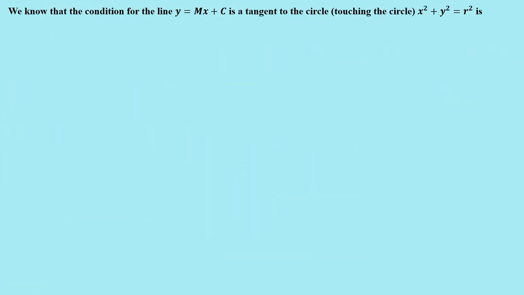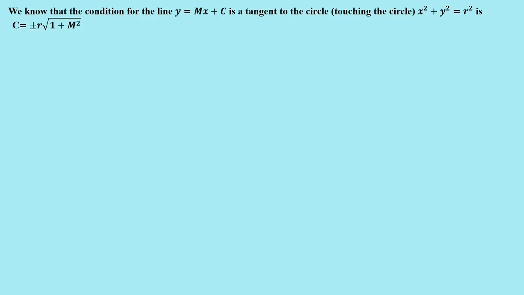We know that the condition for the line y is equal to mx plus c to touch the circle x square plus y square equal to r square is c is equal to plus or minus r into root of 1 plus m square. To avoid confusion, I am taking capital letters here. In the previous step they asked not for the equation of the chord AB, just the length AB.